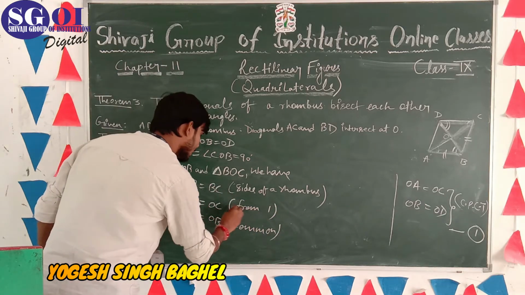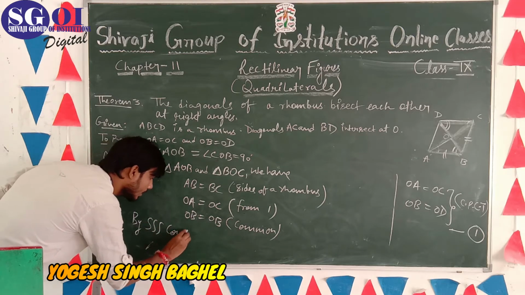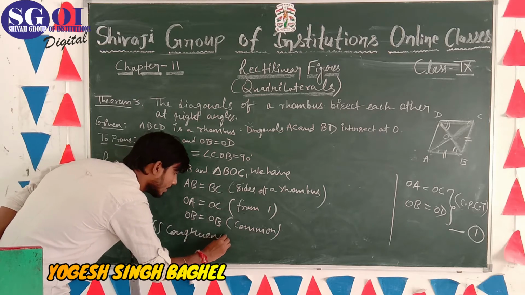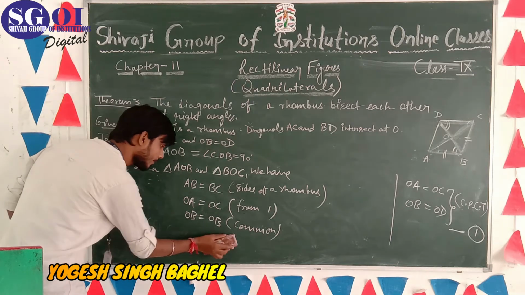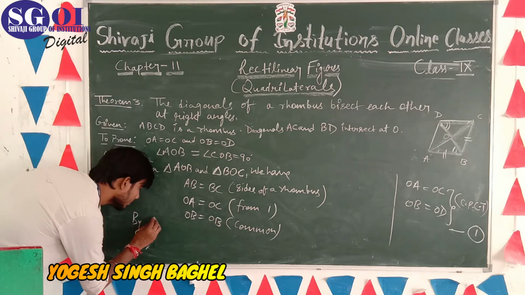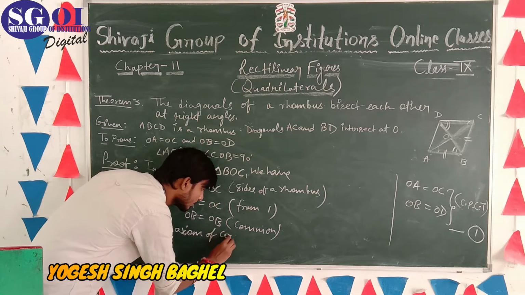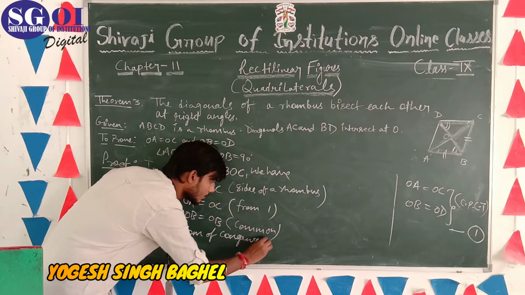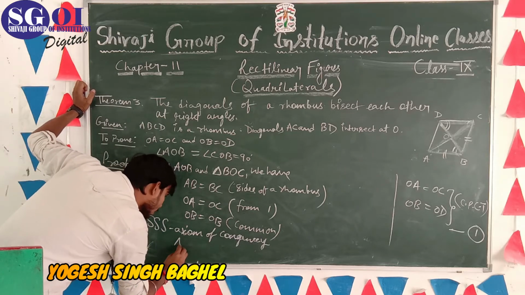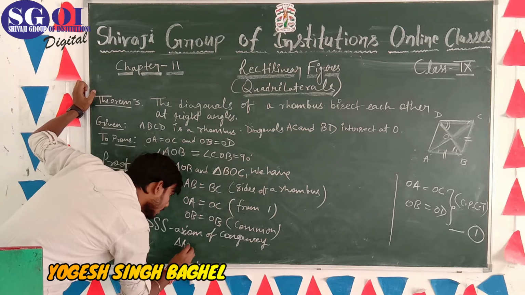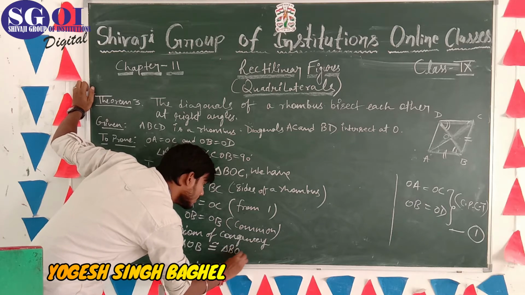Okay. Now by SSS congruency, by triple S axiom of congruency, triangle AOB is congruent to triangle BOC.